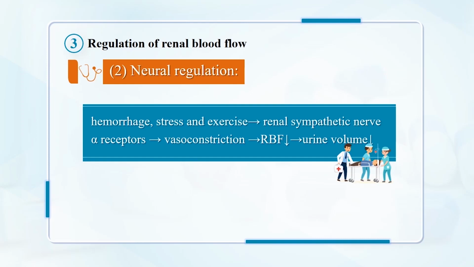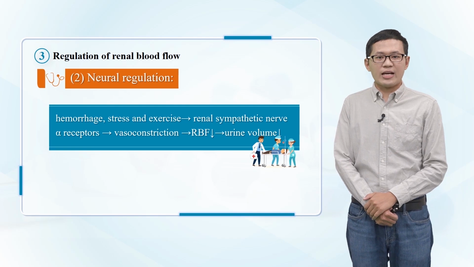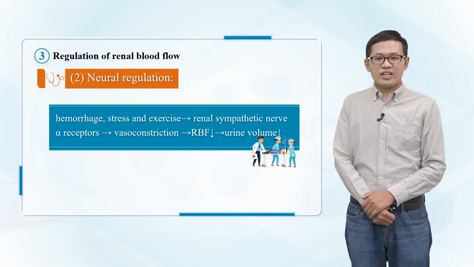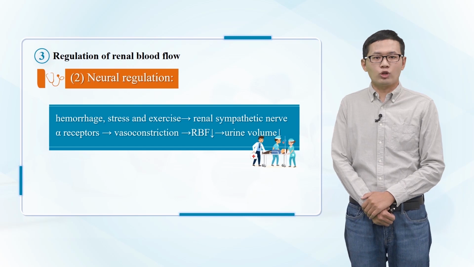But moderate and mild sympathetic stimulation has little influence on renal blood flow and GFR. Constrictor agents such as NE and AVP decrease renal blood flow. Dilator agents such as ANP and nitric oxide increase renal blood flow.